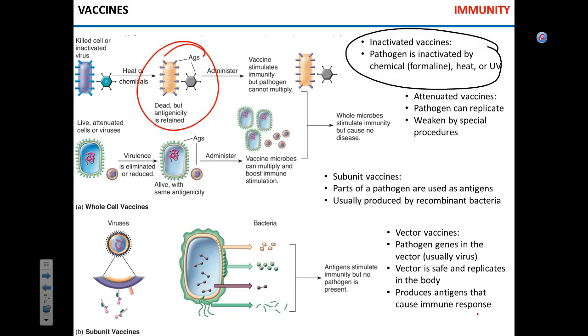How well do we know the mechanisms? We do not know anything about mechanisms. It's all trial and error. Let's do this and see if it works. Pasteur did his attenuated rabies vaccine, passed it through rabbits a crazy number of times.